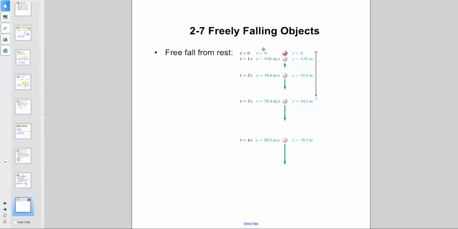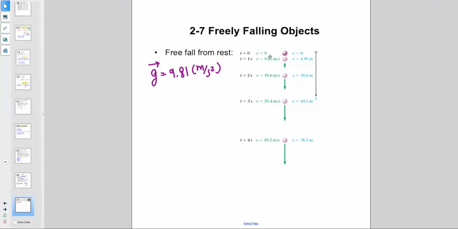1 second later, remember what the G was? 9.8. In fact, you can show it as 9.81 to be more accurate, meters per second squared. And it is a vector, by the way. It's always towards the Earth.